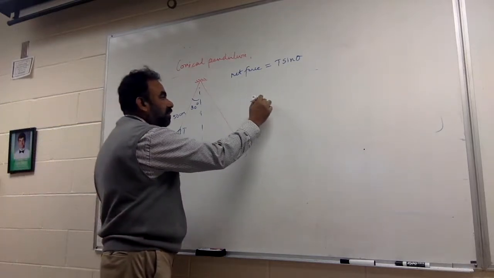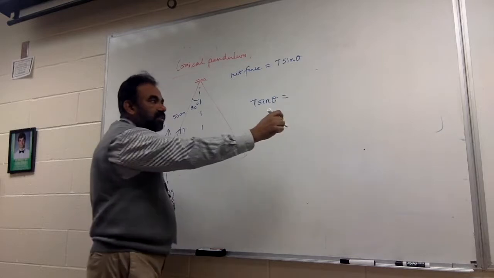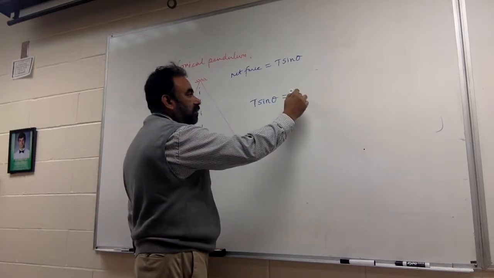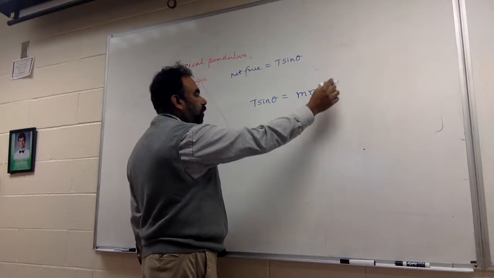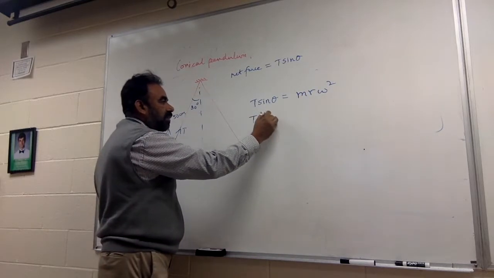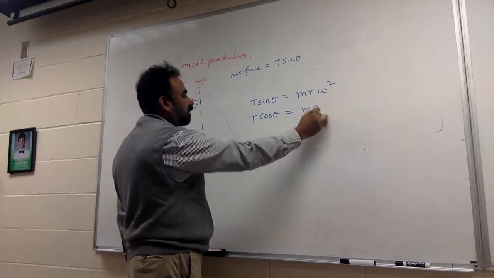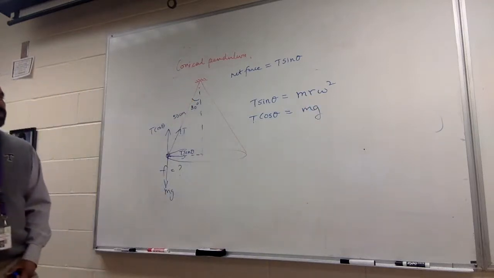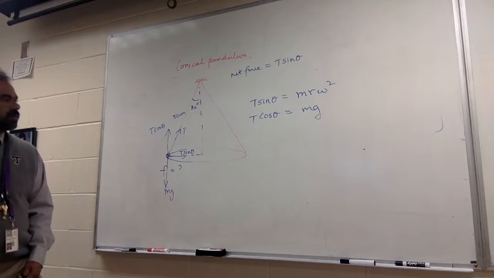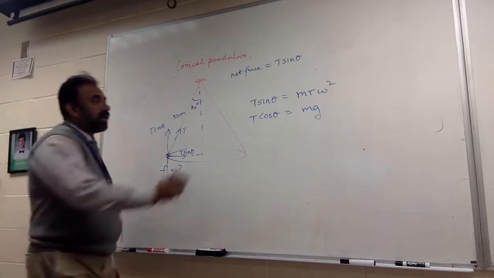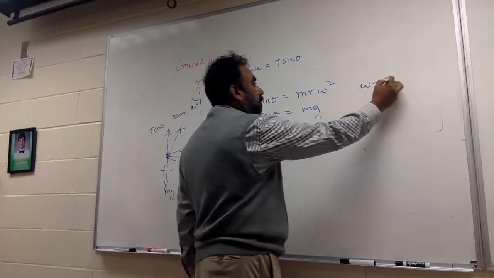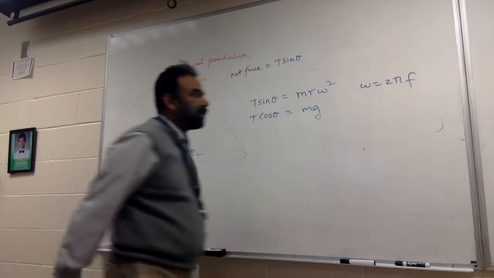So T sine theta provides the centripetal force for it to go round and round. So it becomes mr omega squared. And T cosine theta is what balances the weight. And omega is 2 pi f. So once you get omega, you should be able to get everything.